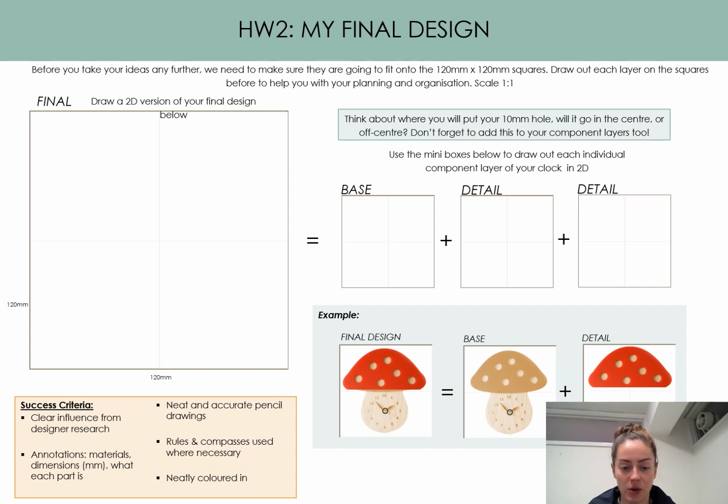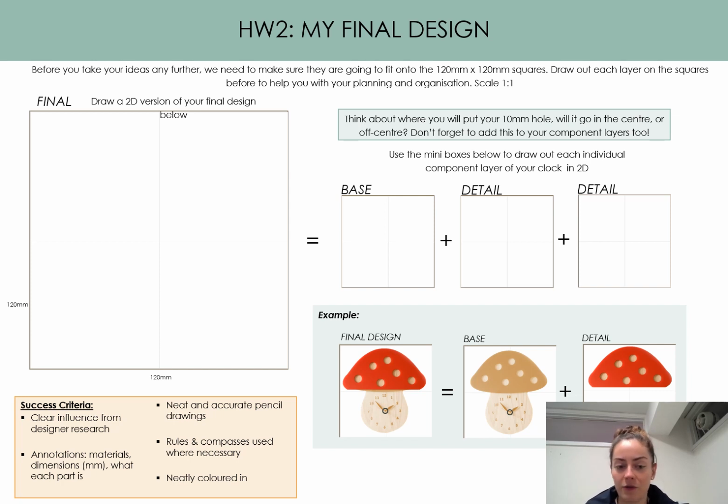Now on this page as well, hopefully this was a chance for you to refine your ideas a little bit more. So you've obviously produced your 4 initial ideas. You may well have started on this page and thought, actually, I need to just amend my initial ideas, and that was a chance for you to do that on here. Crucially though, we were still looking for that clear influence from your design research.